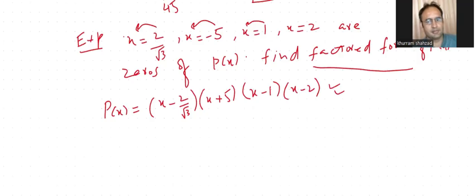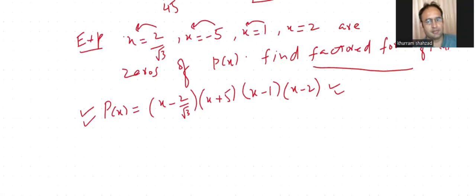The number of zeros of any polynomial actually gives us the polynomial function. If these are four different zeros, then we should have a polynomial of degree 4.